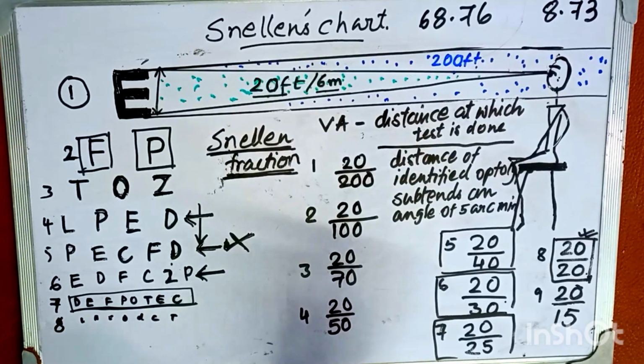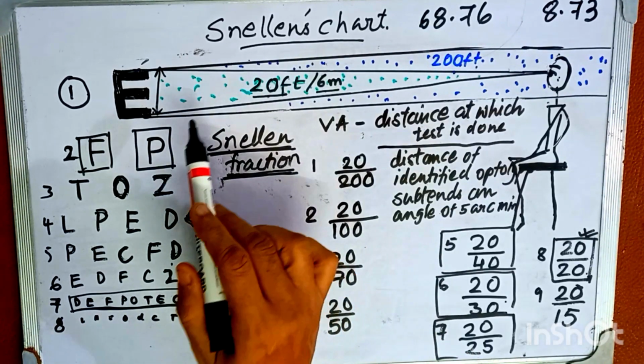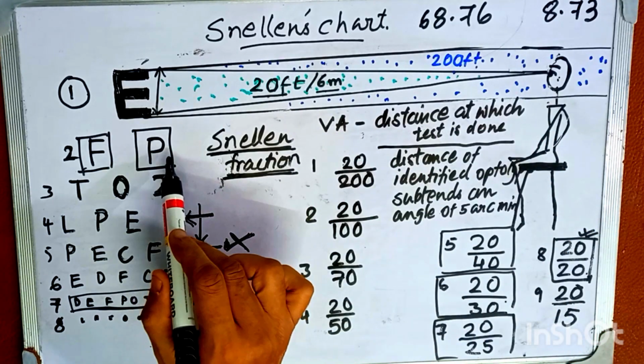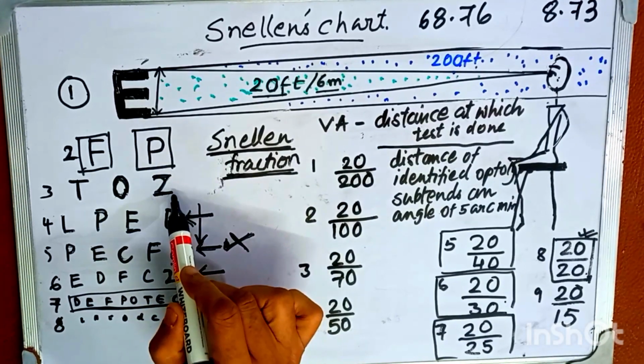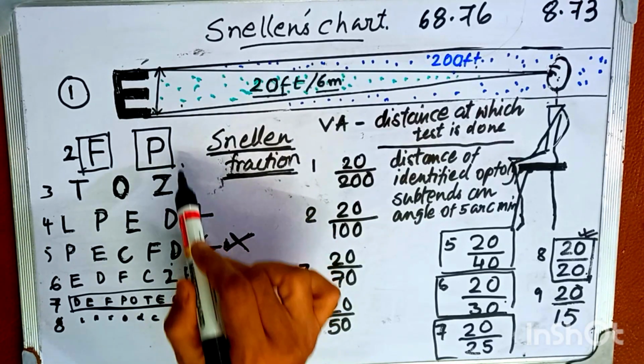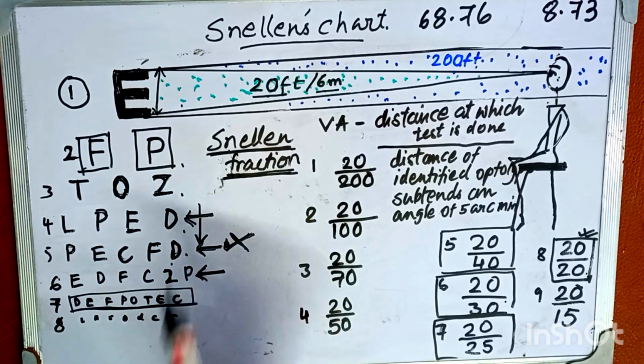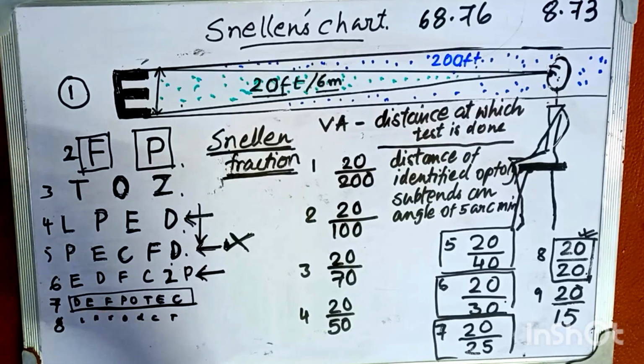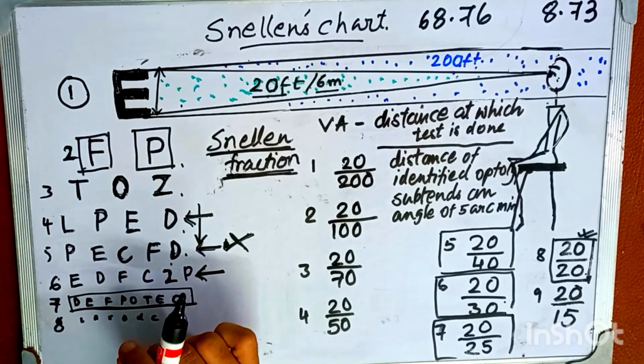This is done because the subject is sitting at a 6 meter distance, and all these letters have particular values. And what is this value? These letters are called optotypes. Why?